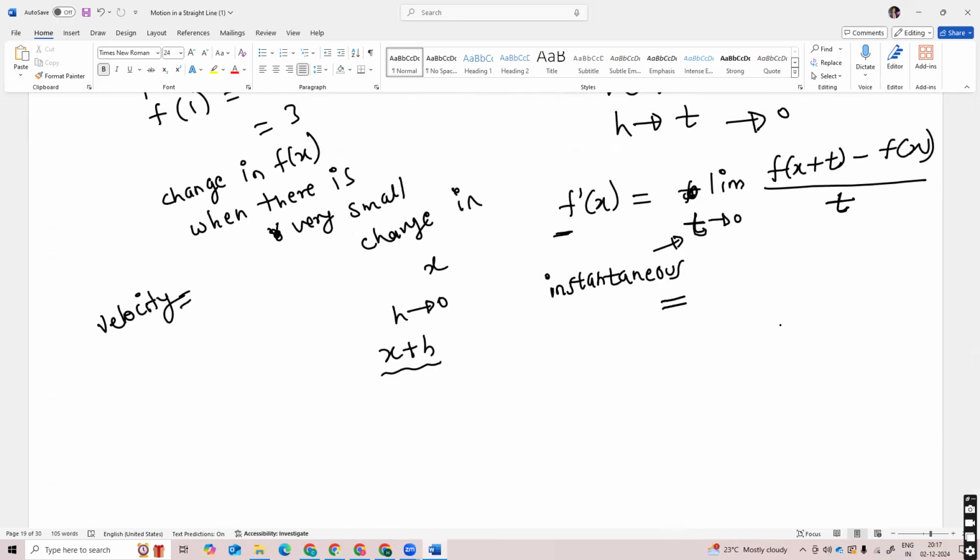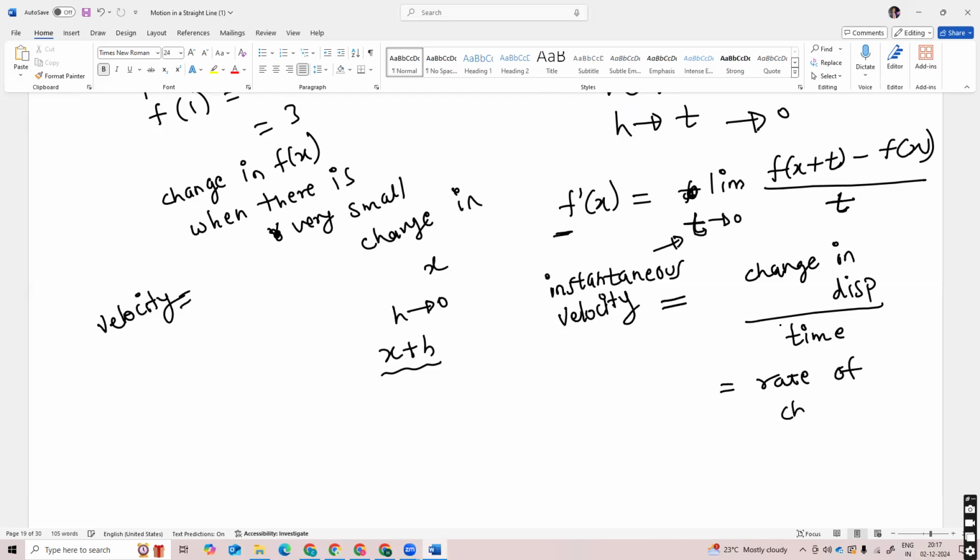Whereas instantaneous velocity is the change in displacement per unit time, or the rate of change of displacement.